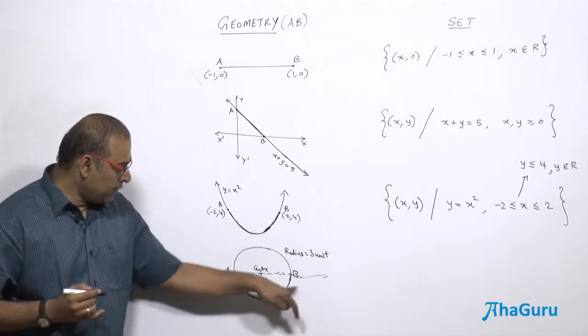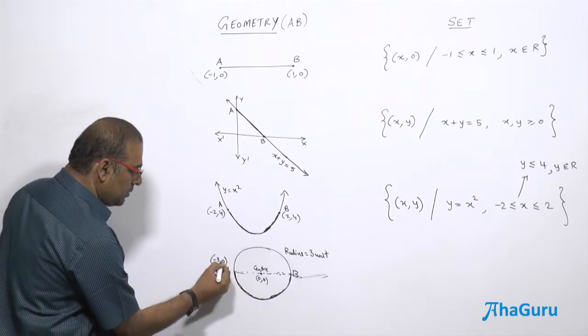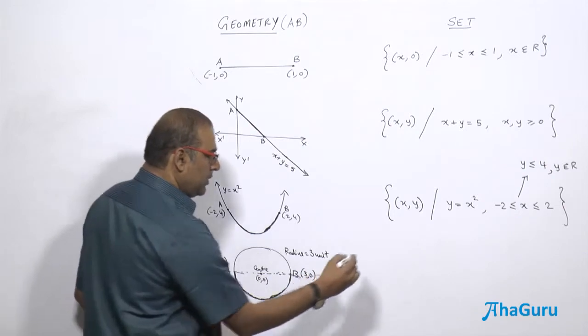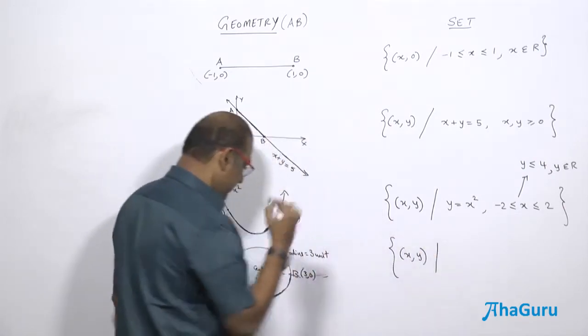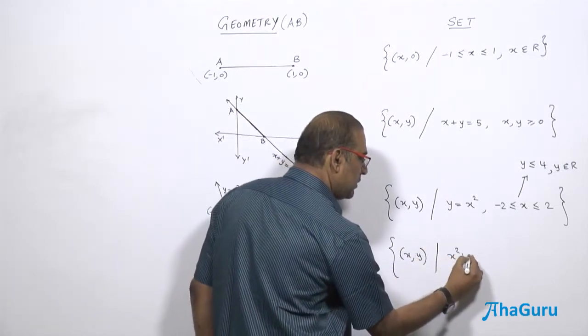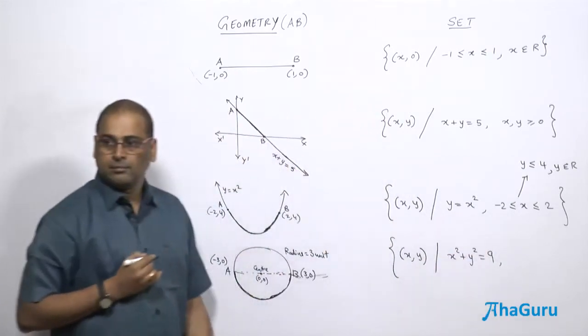And so therefore, A will be (-3, 0) and B will be (3, 0). So your set of points (x, y) such that x squared plus y squared is equal to 9.